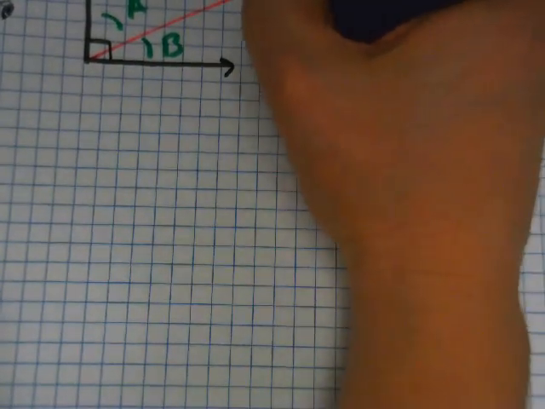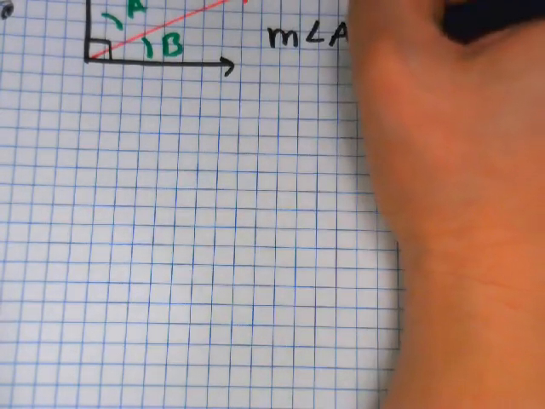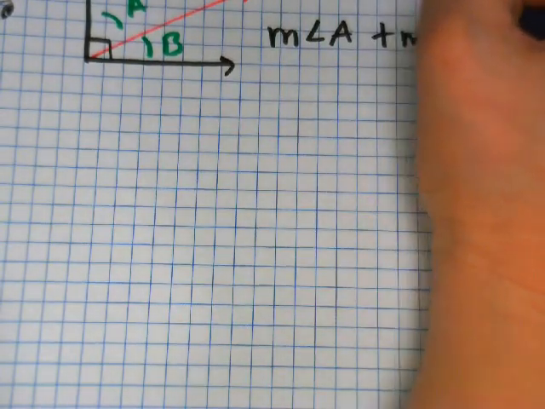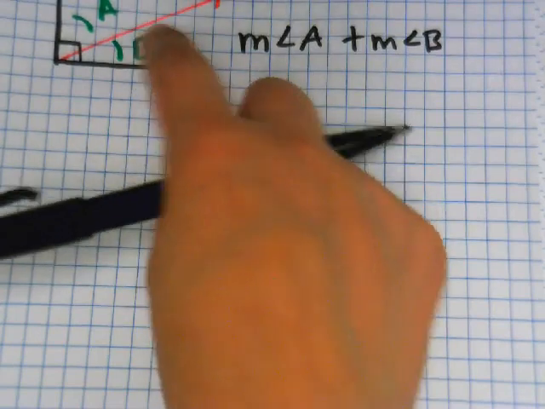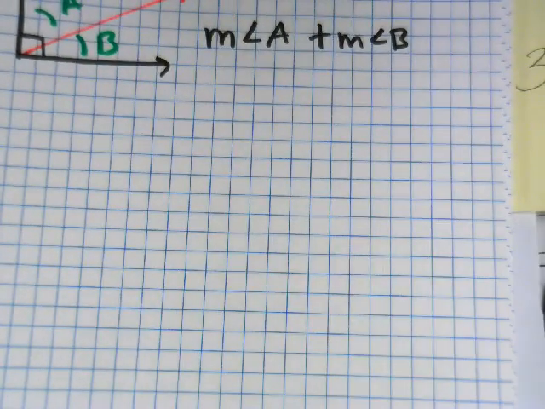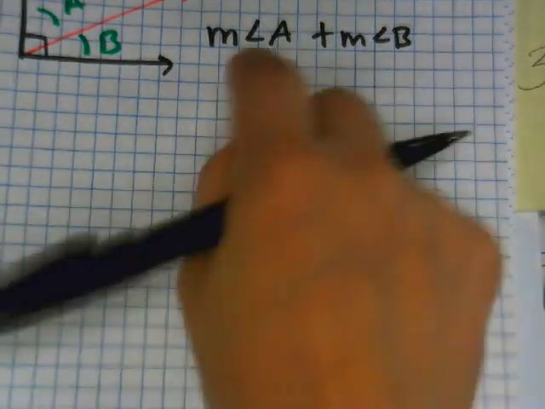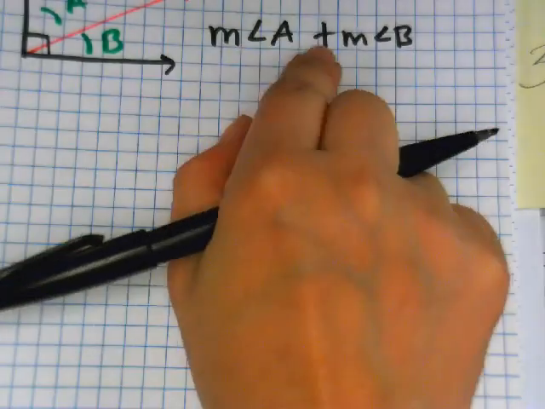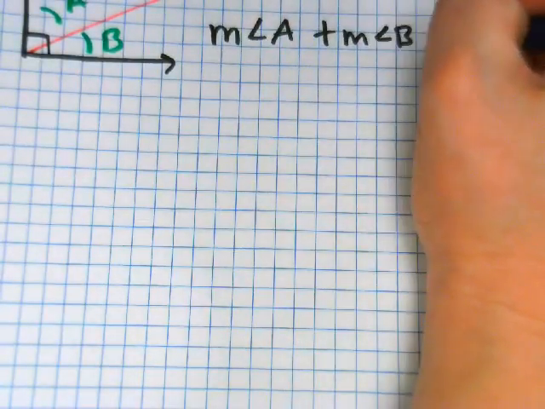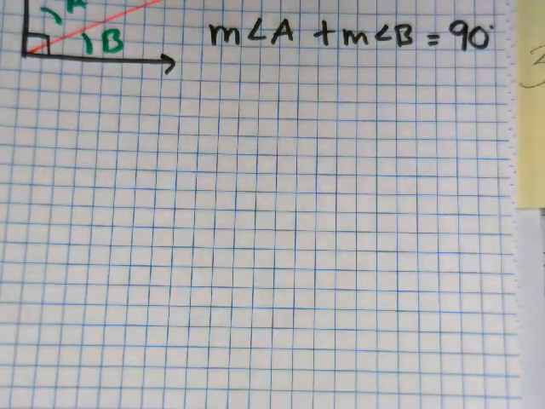The measure of angle A plus the measure of angle B. So when I add these two up, we're writing this out. You have to write when I write. That's how we fall behind. The measure of angle A plus the measure of angle B has to equal 90 degrees.